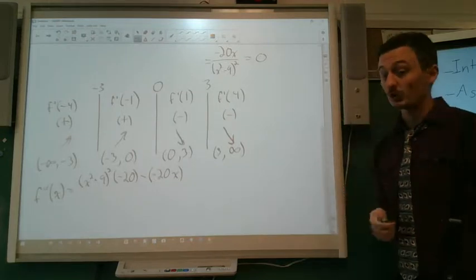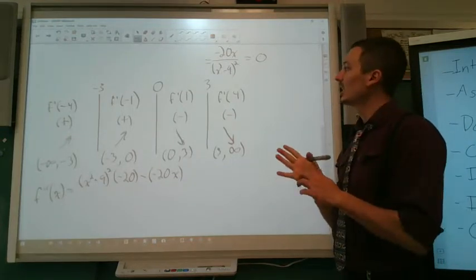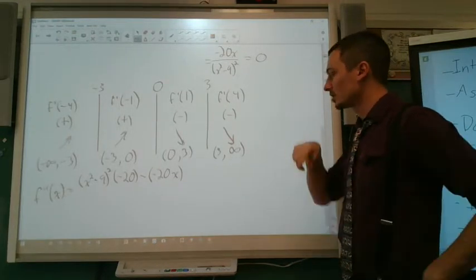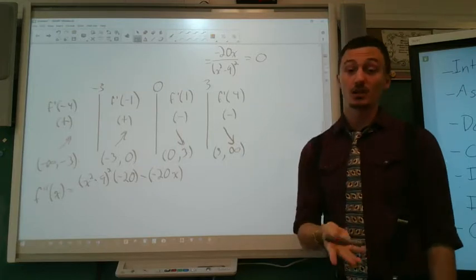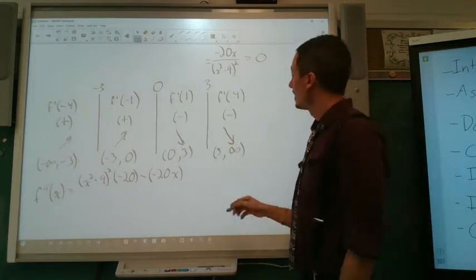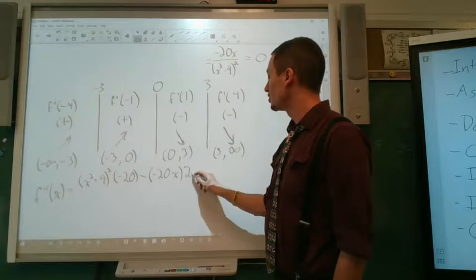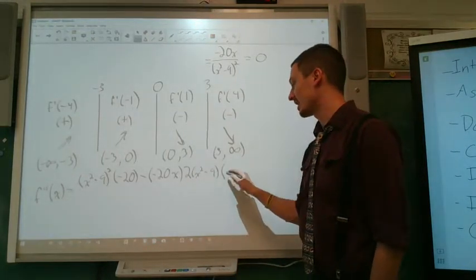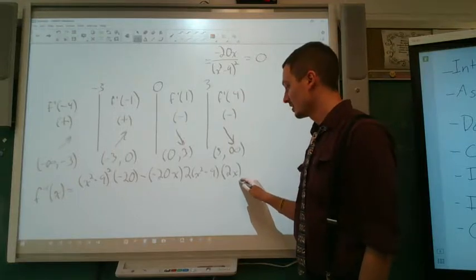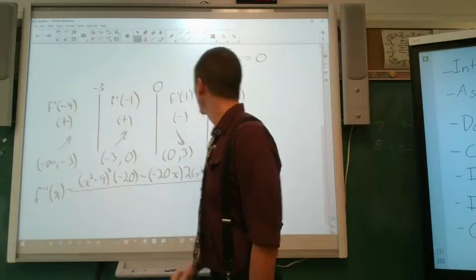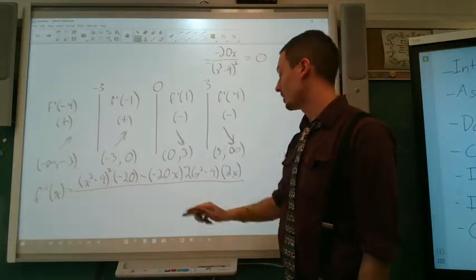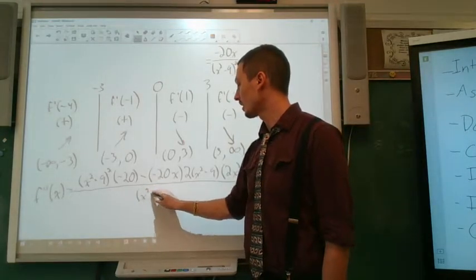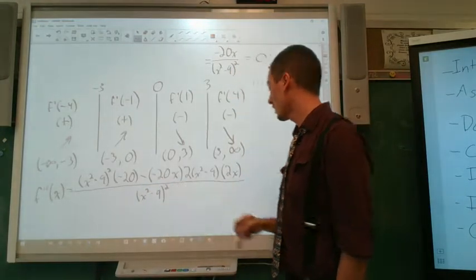Notice we have to use the chain rule here. We could expand it, but I'm just going to use the chain rule. I think that's easier. You can expand it and try it, and you should get the same thing. Using the chain rule, it would be 2 times x squared minus 9 times the derivative of the inside, which is 2x, and this is all over the denominator squared, so it would be x squared minus 9 squared.